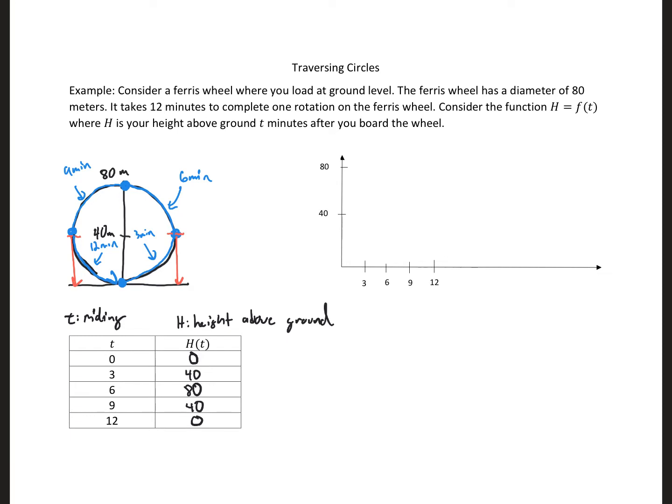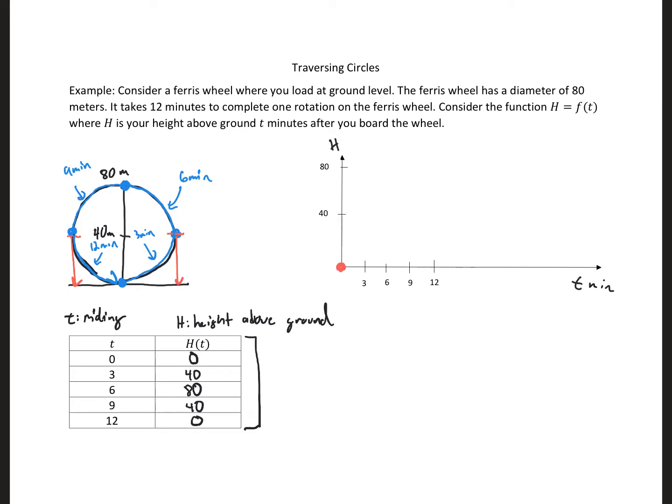So I want to sketch out what's happening here and see what this graph looks like. This is my time in minutes. This is my height above ground. If I use these points here, at 0 minutes, I would be on ground level.